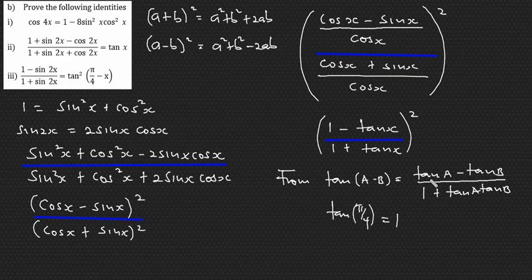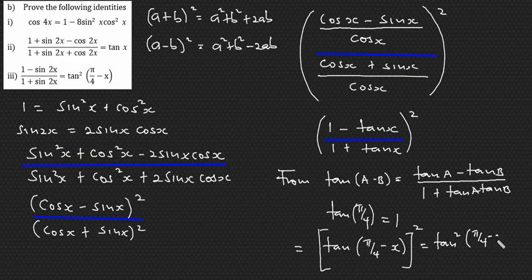So we shall therefore manipulate this as tan of pi by 4 minus x, and all of it squared. So this is the same as this one here, if you have seen it. So on the right hand side, this is written this way. So I just bring the square here. I get tan squared of pi by 4 minus x, which is our left hand side, and it is equivalent to the right hand side. So that's how we prove this number.